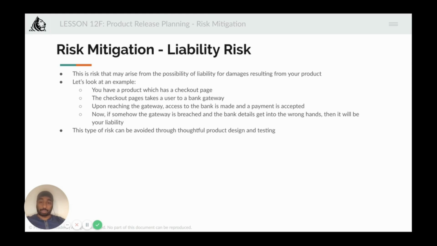The liability is usually with the product or the company, and either the company has policies and processes in place to completely mitigate the risk or has insurance in place. For example, Airbnb took that route of insuring their hosts, I think for $1 million insurance if anything wrong happens with their house.